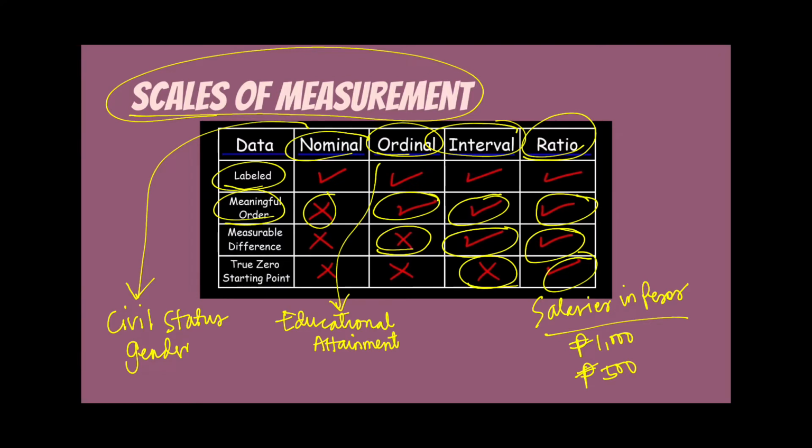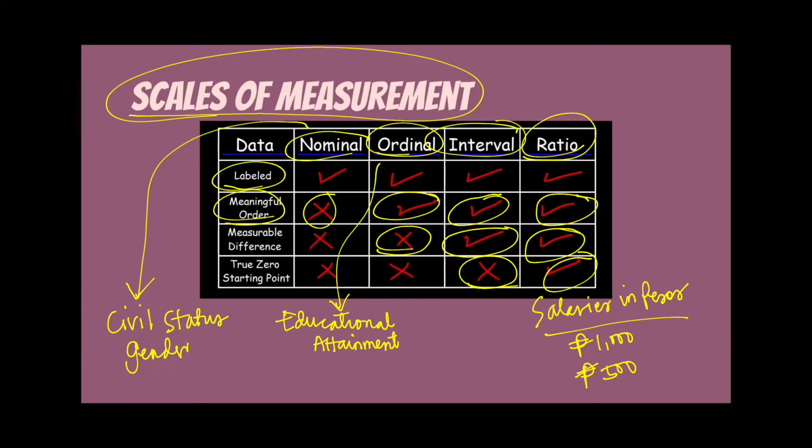We do know that someone who is 6'2" and someone who is 5'2" have 12 inches of difference between them. Unlike ordinal, wherein someone is an elementary graduate and someone else is a college undergraduate, you cannot really count the difference between the two values.